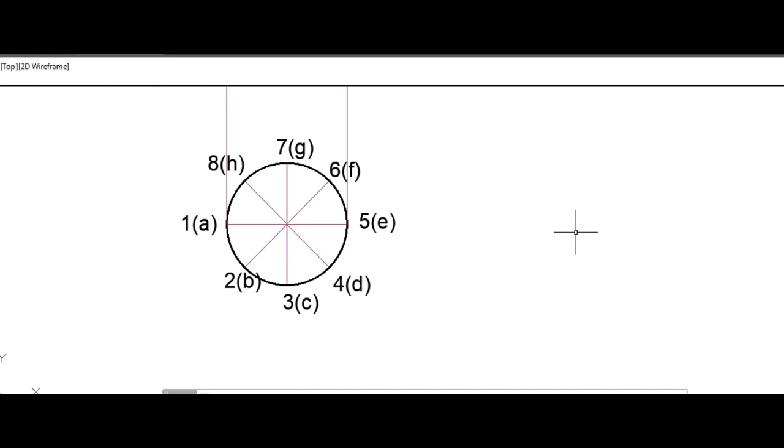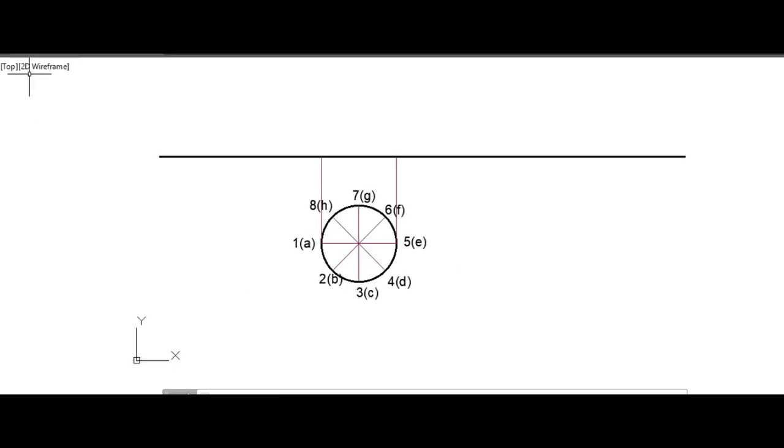The cylinder has two bases. The top base I call 1, 2, 3, 4, 5, 6, 7, 8, and at the bottom base you have A, B, C, D. This bottom base is not visible, so we put it in brackets. Now when you draw the projection lines, we will have a projection like this.